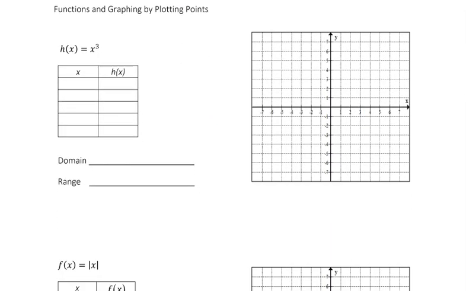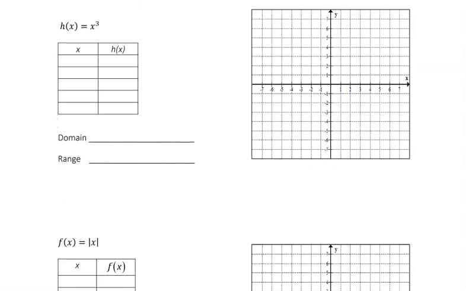Our next one is going to be x cubed. All right, again, we're going to go ahead and do these same x values, so -2, -1, 0, 1, 2. And this time, we're going to be cubing all of these things.